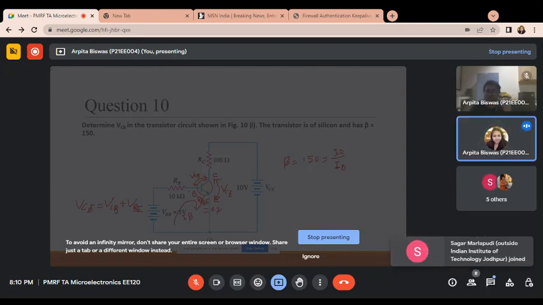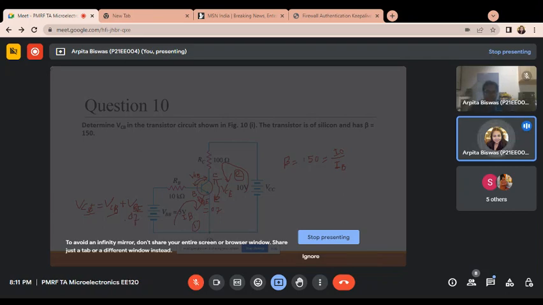So if you can find out the IB value, then from the beta value you can easily calculate the IC value, and if you are getting the IC value, then from this second loop, this is the second loop and this is the first loop, you can calculate the VCE value, and if you are getting the VCE, then you can easily find out the VCB, as VBE is 0.7. Calculate and tell me what is the value of IB.